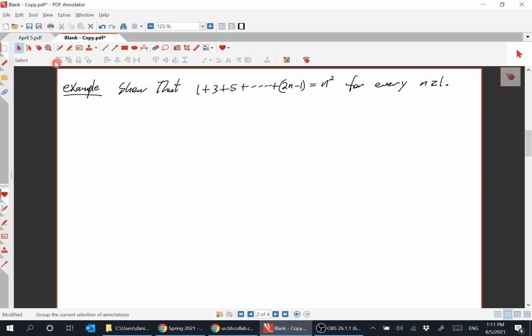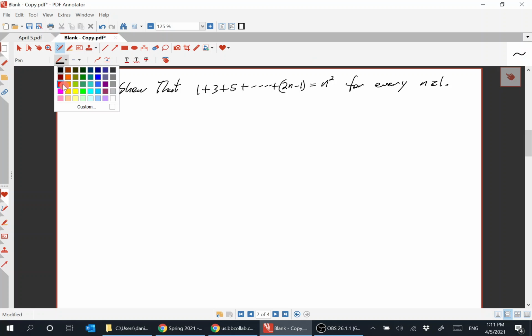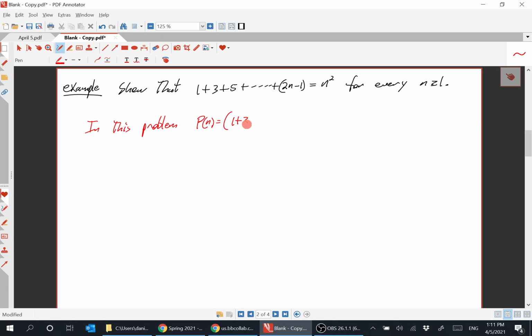So in this, Pn is equal to 1 plus 3 plus 5 plus ... plus 2n minus 1 is equal to n squared.